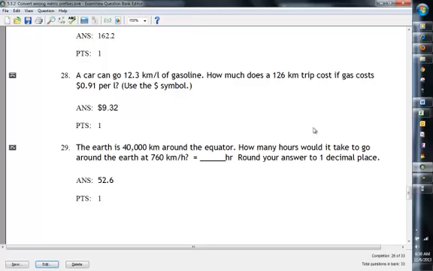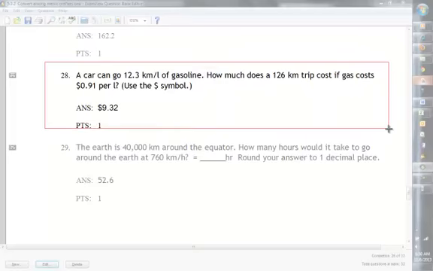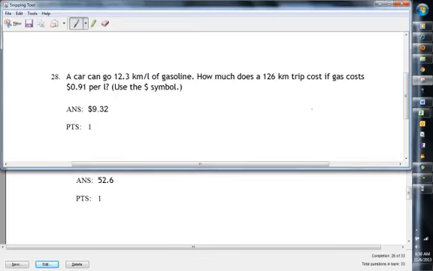And here we go. A car can go 12.3 kilometers per liter of gas. How much does a 126 kilometer trip cost if gas is 91 cents per liter? Equals how many dollars? Okay, well, it takes 126 divided by 12.3 liters of gas.